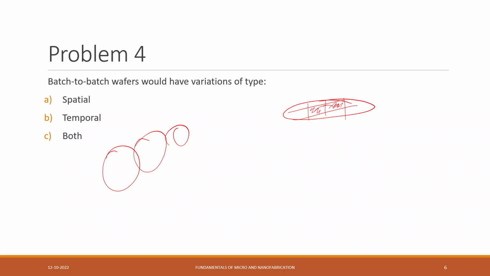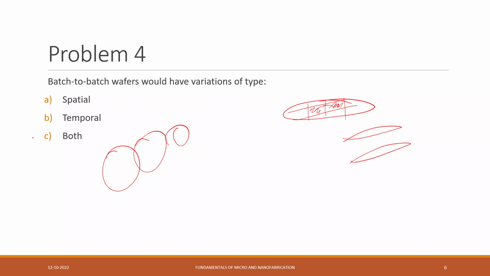So depending on it, time factors come into play. That is temporal. Other wafers would be processed after that, so variations can come with time also. So in batch to batch wafers, variations can be spatial and temporal.